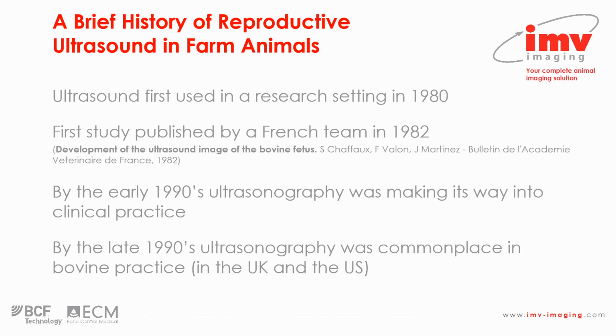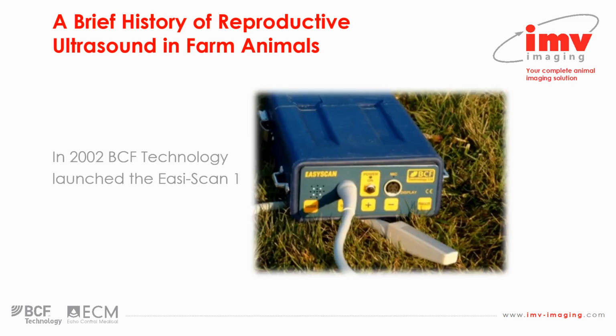And by the early 1990s, ultrasonography was making its way out of the research setting and into clinical practice. And by the late 90s, ultrasonography had become commonplace in bovine practice in both the UK and the US, and of course nowadays it's widespread across the world.